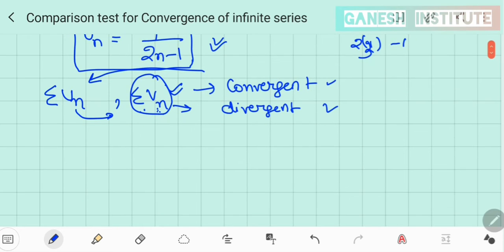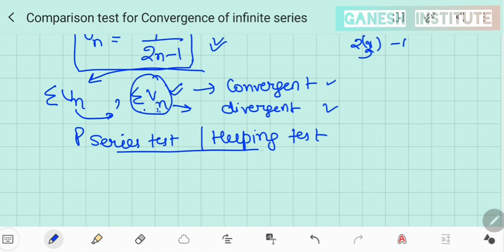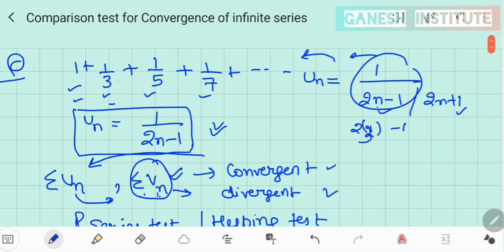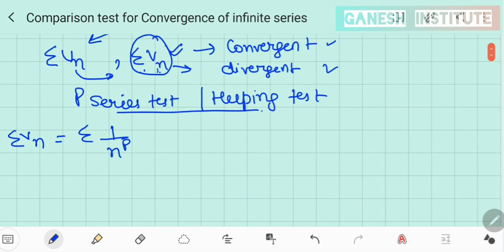How will you do so? Let's say it is called the P series test or helping test. Okay, so in this test, what you need to do is check whether your assumed series is in the form of a power. Just like you have here 3 raised to power 1, 5 raised to power 1, something in power form.